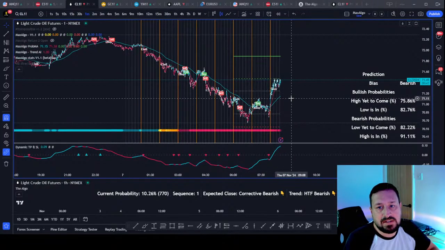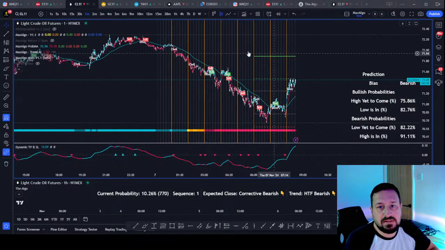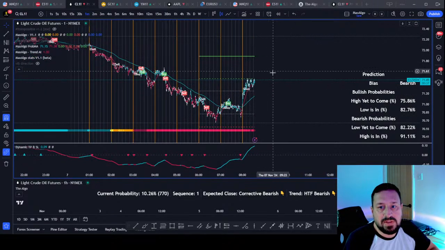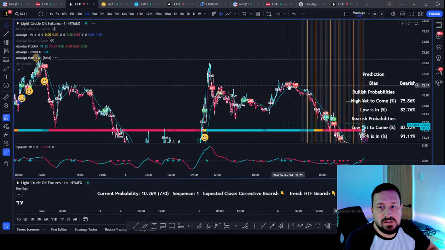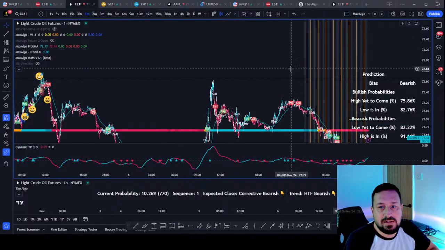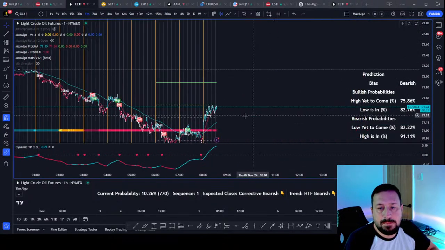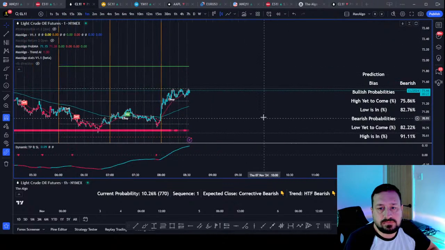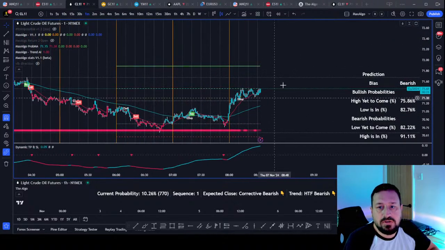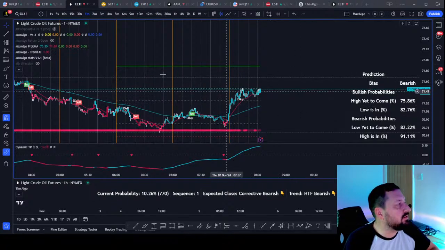When we're expecting it to correct, potentially we're not expecting this whole thing to go. However, if we then switch from corrective to bullish, we can expect a change of trend and then continuing up higher, right? So it helps you know what's happening and what we expect to happen.